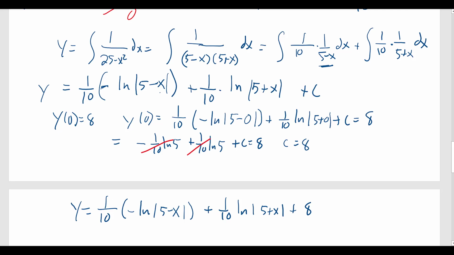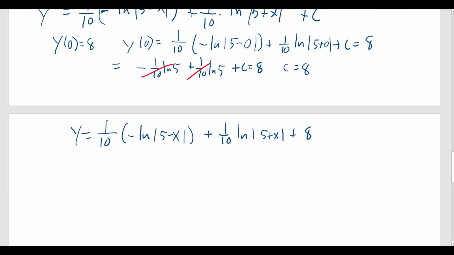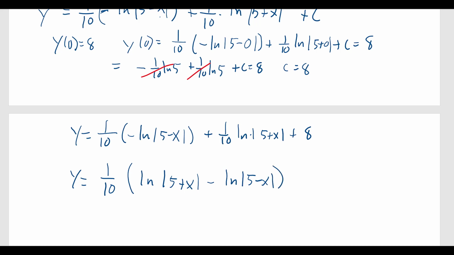So I can clean that up a little bit. We can call this y equals 1/10 times, I'll put the positive one first, natural log of the absolute value of 5 plus x minus the natural log of the absolute value of 5 minus x plus 8. And that's pretty much what the student had.